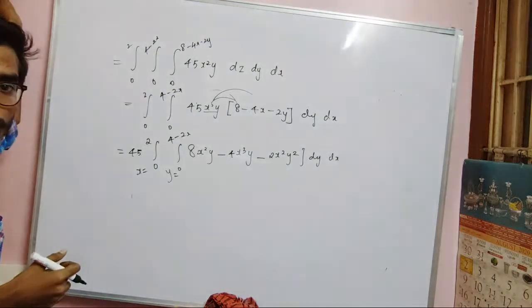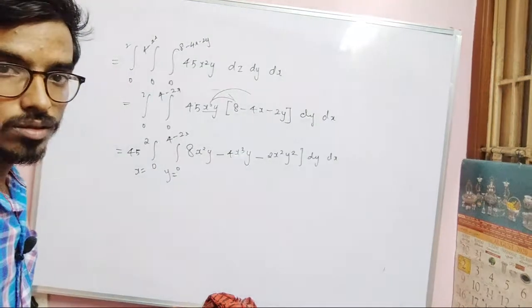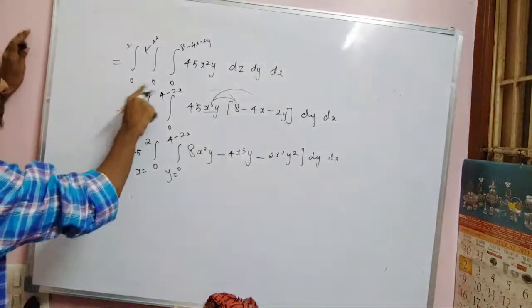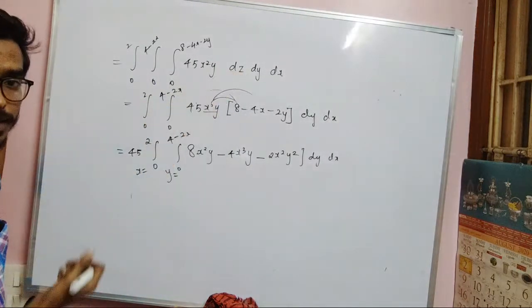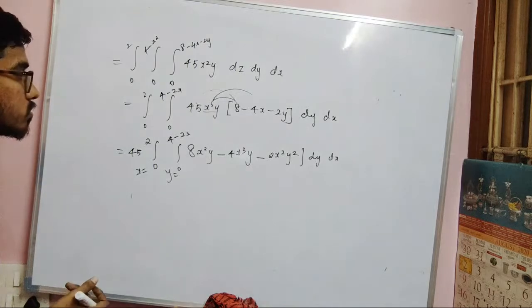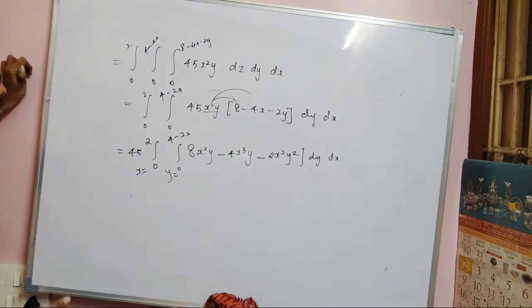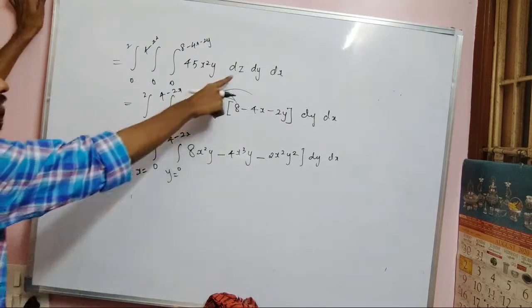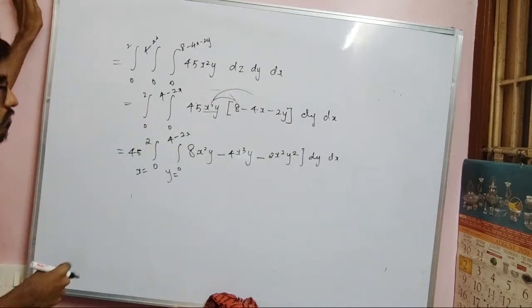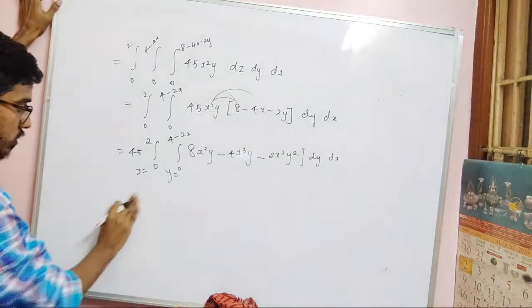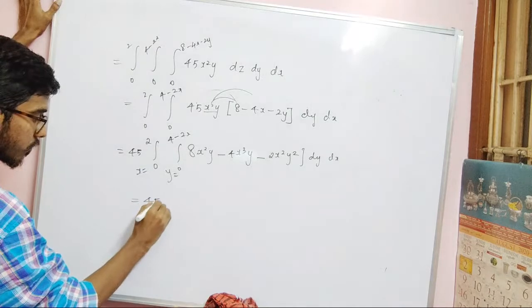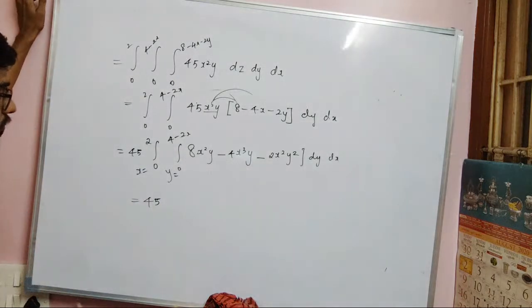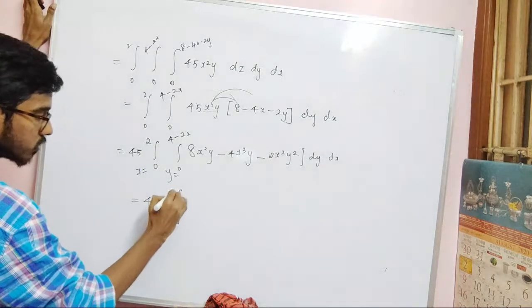This is where we are transforming. Without transforming, how would you find the z limit, y limit and x limit? You need to find limits, right. So this will be 45, and x will be from 0 to 2.